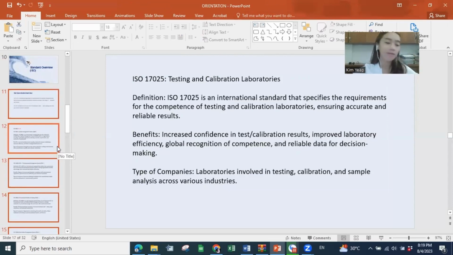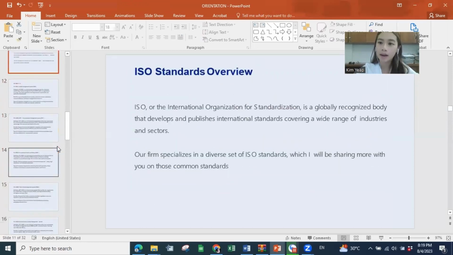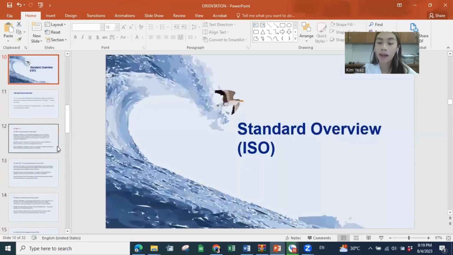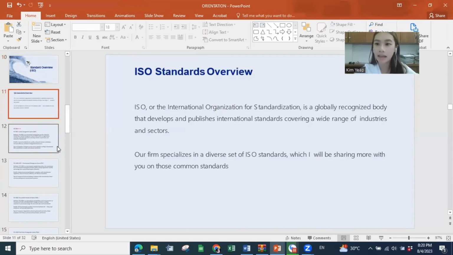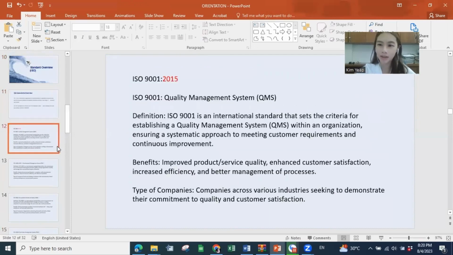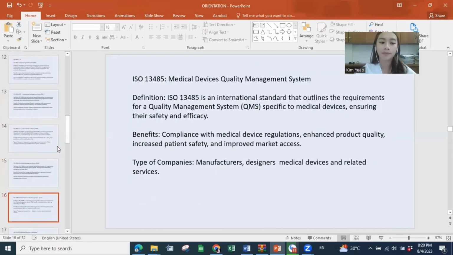What we cover in this part is very lengthy, and it's all about ISO, but under the ISO body, they actually draft even more ISO standards than this. The ones I brought you through are just the common ones you will encounter when you work in this company.